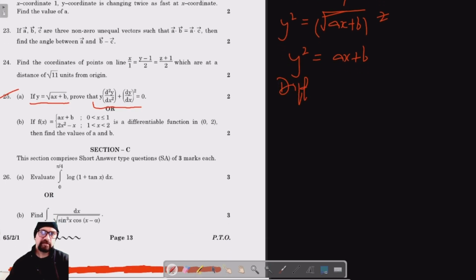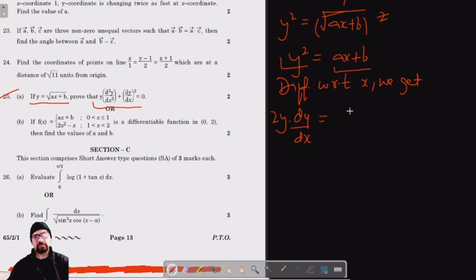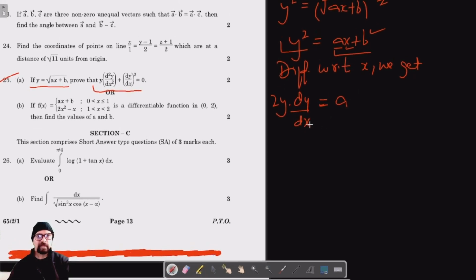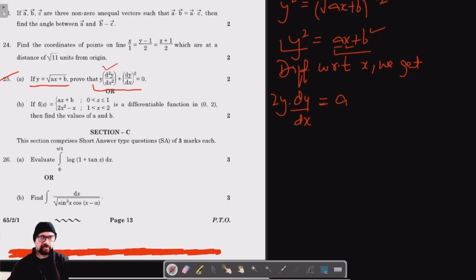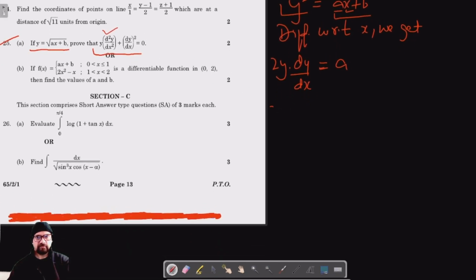Okay, let's differentiate this with respect to x. Now, the differentiation of y square is 2y into dy by dx, and for the differentiation of ax plus b, a and b are constants, so a stays and the differentiation of x is 1. And yes, we have to get the second order derivative, so let's differentiate it once again.